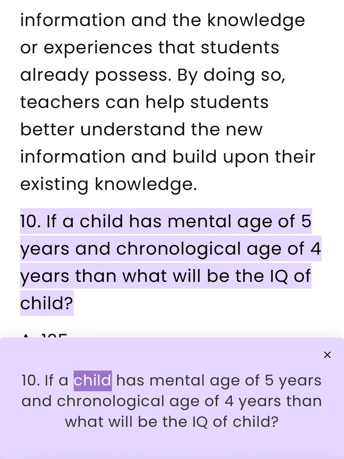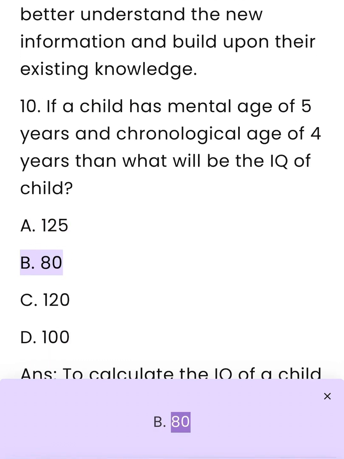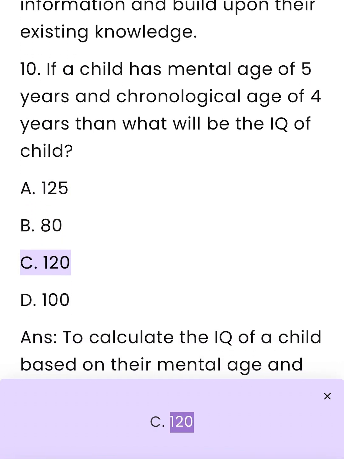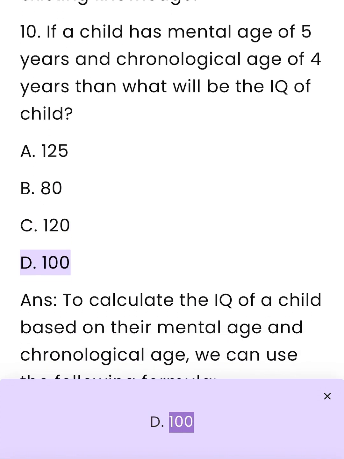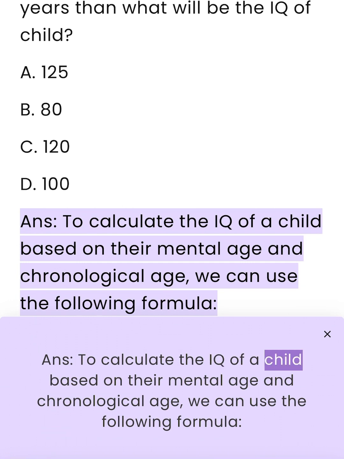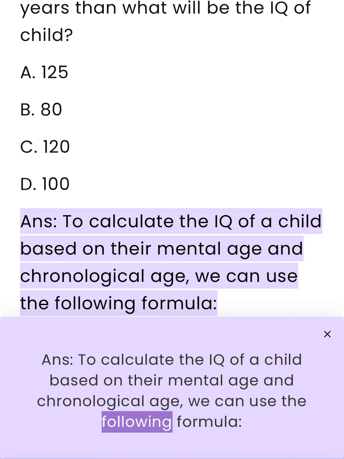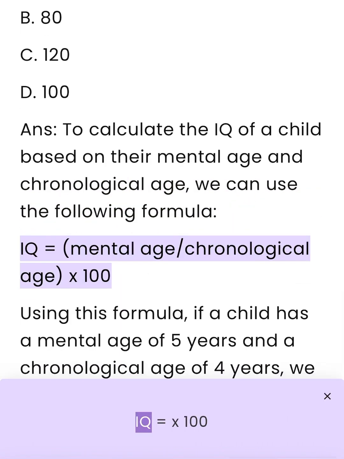10. If a child has mental age of 5 years and chronological age of 4 years, then what will be the IQ of child? A. 125, B. 80, C. 120, D. 100. And to calculate the IQ of a child based on their mental age and chronological age, we can use the following formula: IQ equals mental age divided by chronological age, times 100.